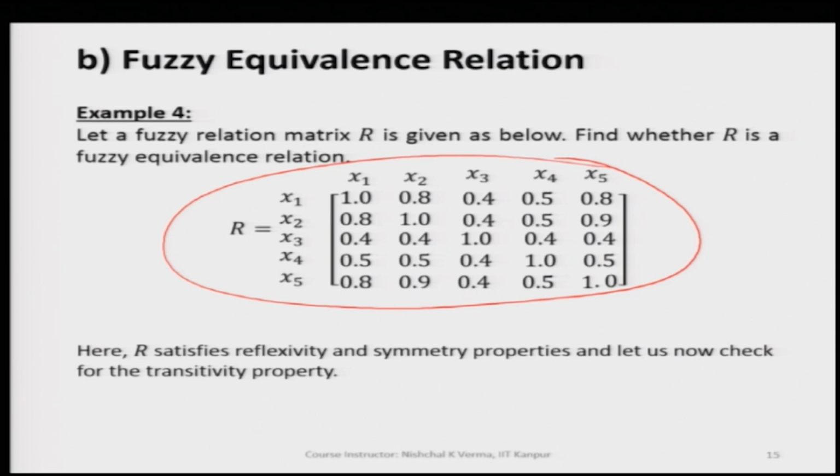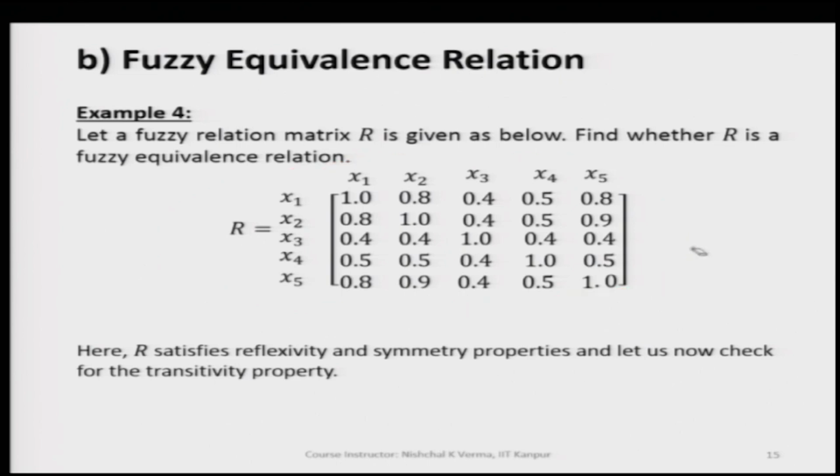In order to check for reflexivity first, as I have already mentioned, all its diagonal elements should be unity, equal to 1. I am quickly going through the diagonal elements here, and we see that all the diagonal elements of the fuzzy relation set are equal to 1.